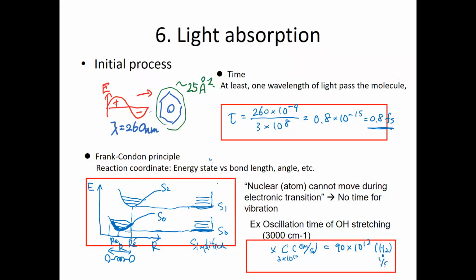The period, equal to 1 over this frequency, is around 10 femtosecond. This is longer than 1 femtosecond, but it's not so small. Obviously, compared with the motion of the atoms, the light absorption is much faster.